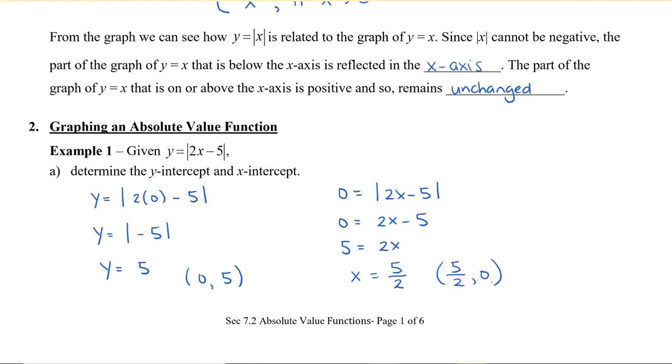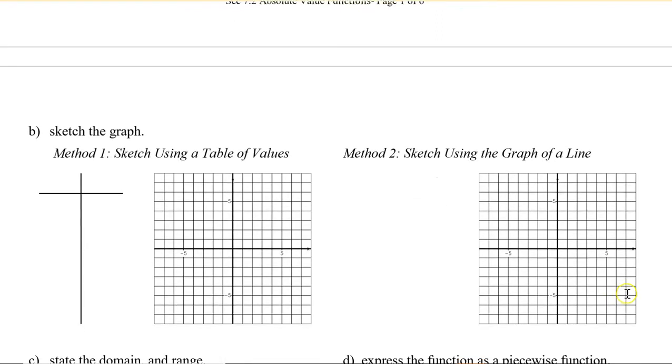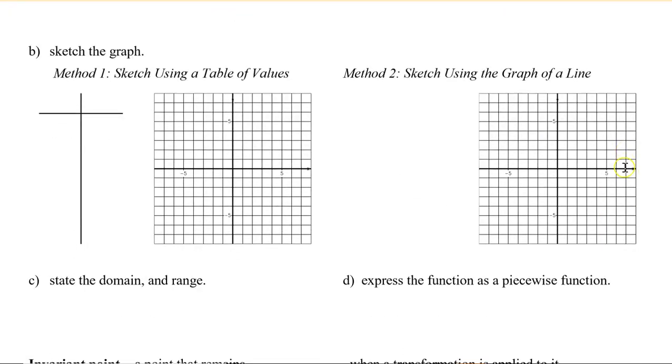All right. Now we're going to take this and let's take a look at two methods of graphing. The method that I've already showed you is to use a table of values. So I'm going to show you that again, and we have x and y. Let me write down the function again: the absolute value of 2x minus 5.